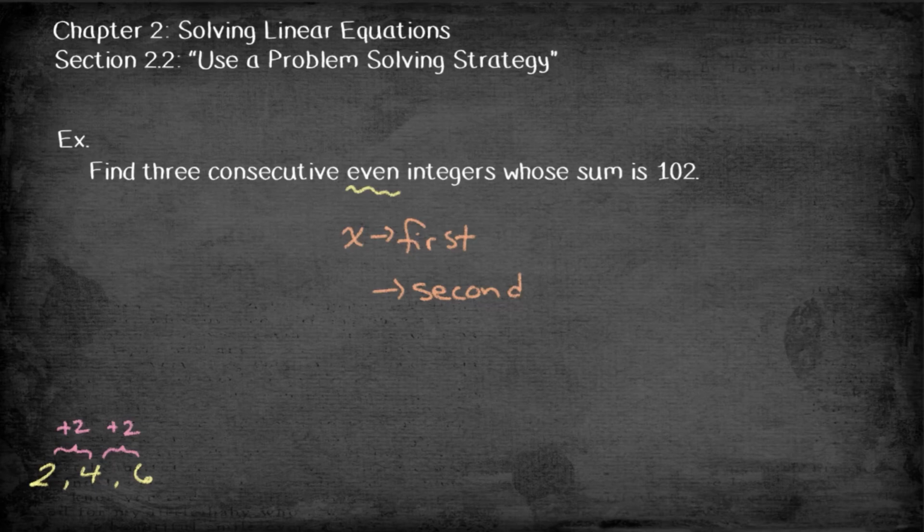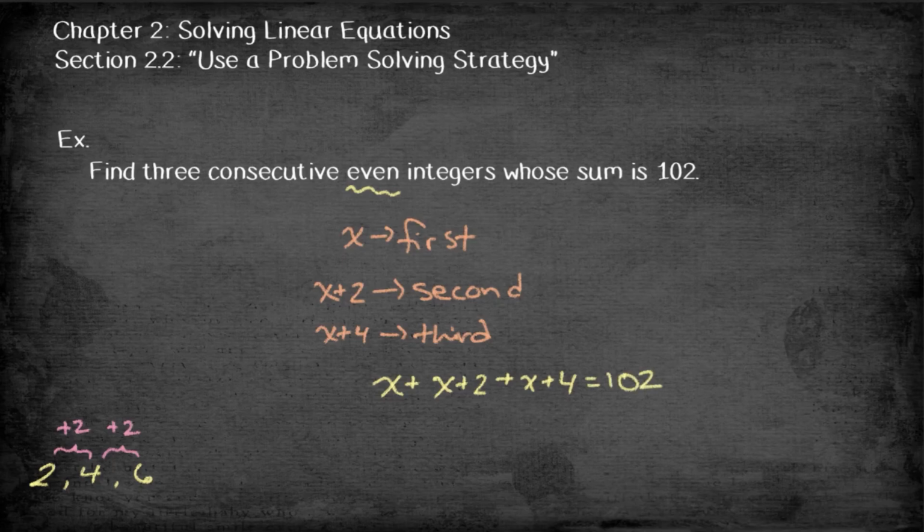So actually, it's going to be x plus 2 for the second, and x plus 4 for the third. So we have x plus x plus 2 plus x plus 4 equals 102.